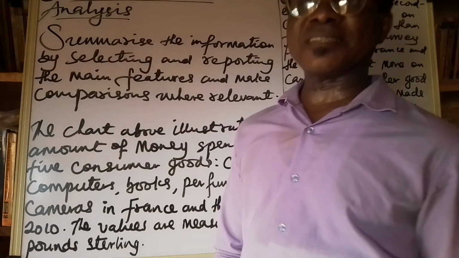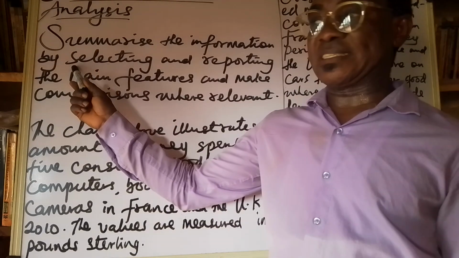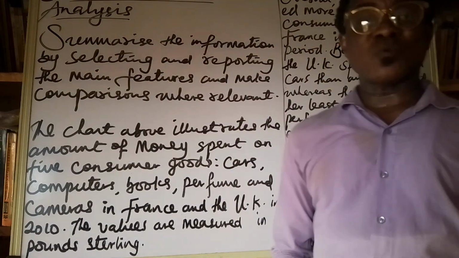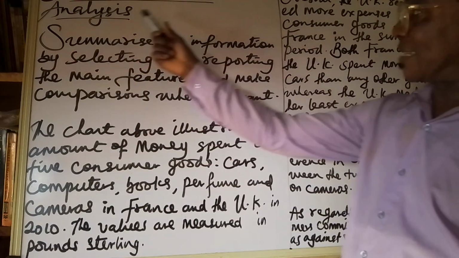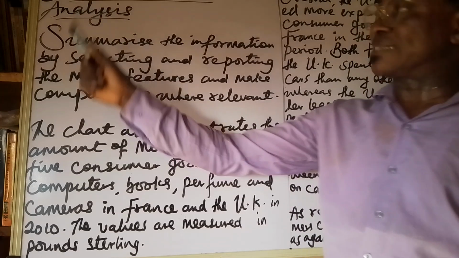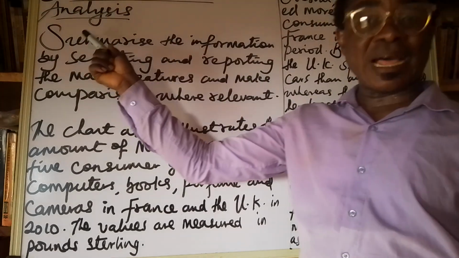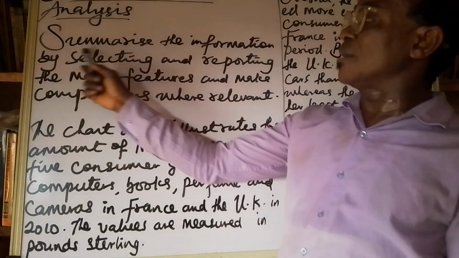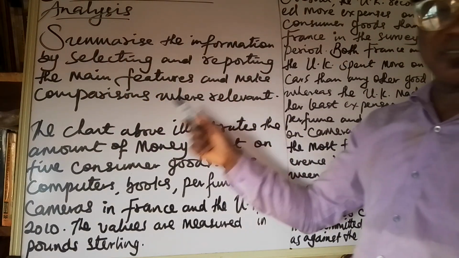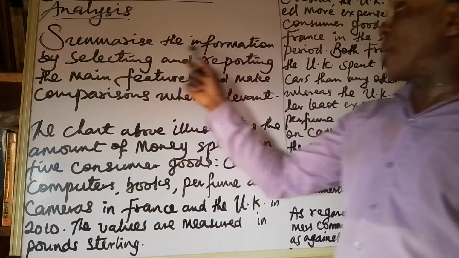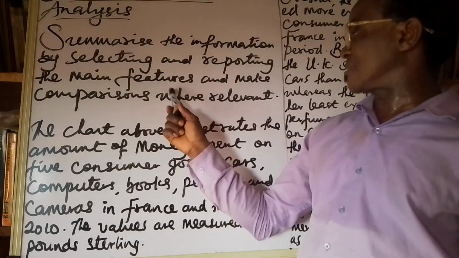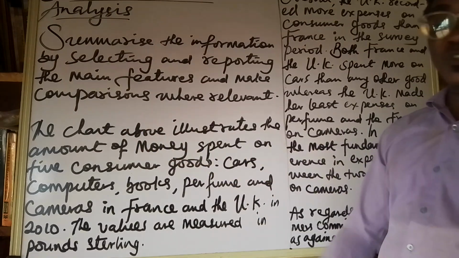But first of all, let us understand what the question expects of us. By the way, maybe you cannot see this topic very well on the screen. It says bar chart written analysis. And the question says, summarize. That is the task we are given. Our task is to summarize the information by selecting and reporting the main features and make comparisons where necessary.